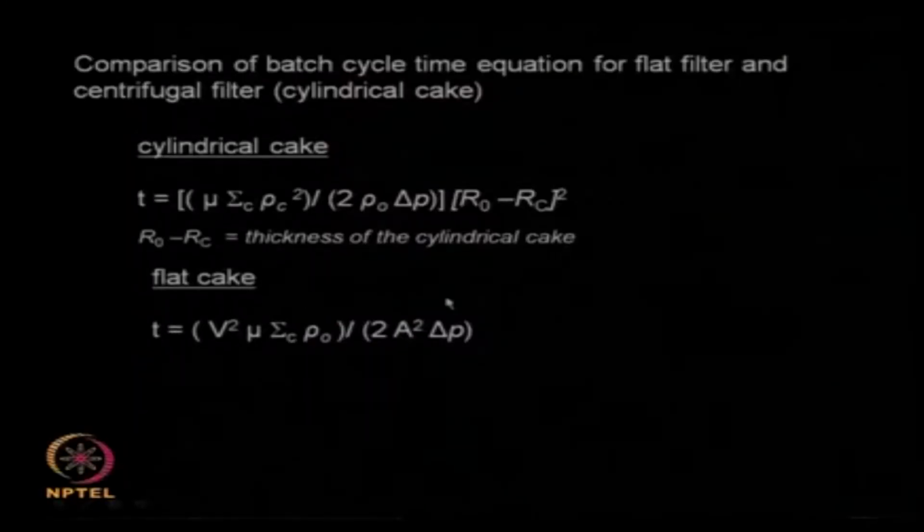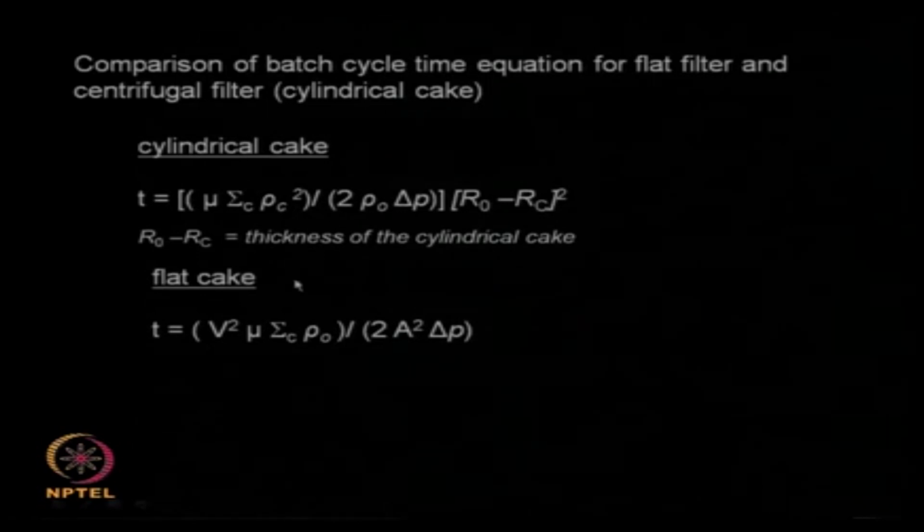If I use a simple flat filter, the cake will be flat, so the equation will be like this, whereas when I am using a cylindrical basket centrifuge, then the cake also is going to be cylindrical, and the cake will be like R0 minus RC thickness, but it will be in the form of a cylindrical cake. So the equation for the time will be like this. So you see these two equations, they look similar, but the main difference between these two equations is that the cake that is formed in a flat filter will be flat, whereas the cake that is formed in a centrifugal filter will be of centrifugal shape.